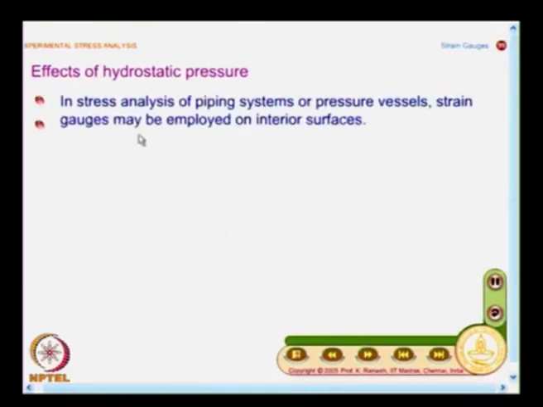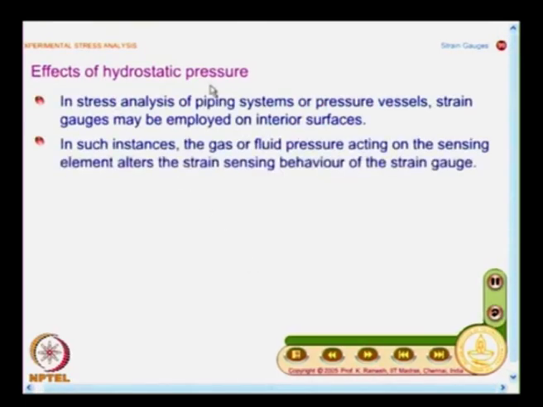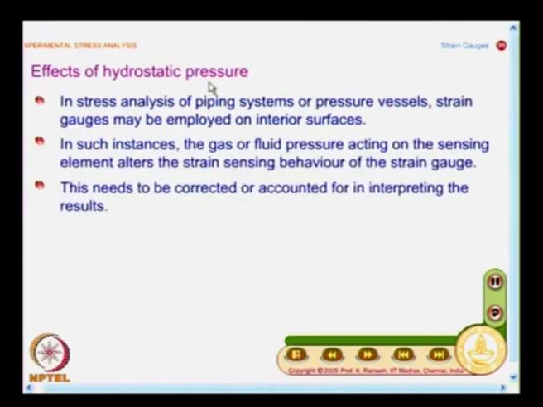What happens when I apply hydrostatic pressure and where is this important? You have piping systems or pressure vessels where strain gauges may be employed on interior surfaces.